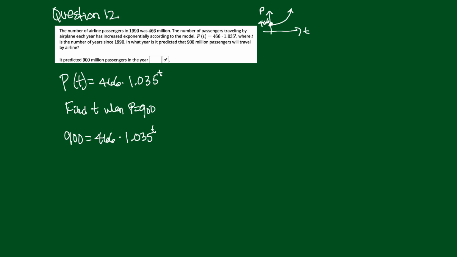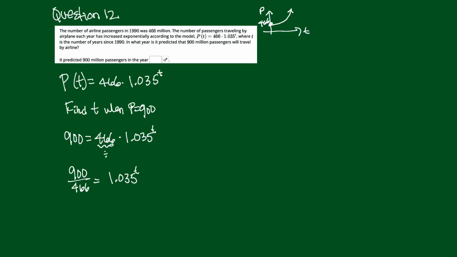Now, let's isolate. Here's the exponential. This number is raised to the t, not the 466. So let's isolate this by dividing by that 466. We'll get 900 divided by 466 is equal to 1.035 to the t.